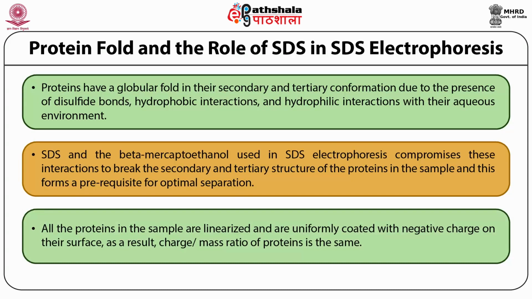Reducing agents such as beta-ME and dithiothreitol cleave disulfide bonds. In addition, heating of the protein samples facilitates denaturation and the unfolding process, allowing chemicals like SDS and the reducing agents to interact with the protein. The end result is that all the polypeptide chains in the sample become linearized and are uniformly charged, having a particular charge to mass ratio.